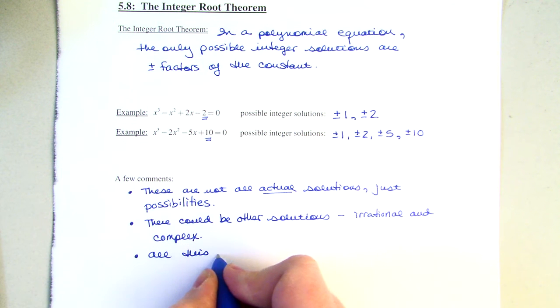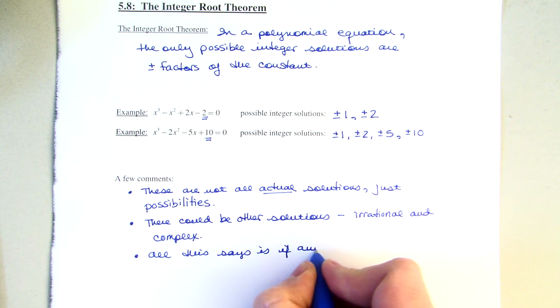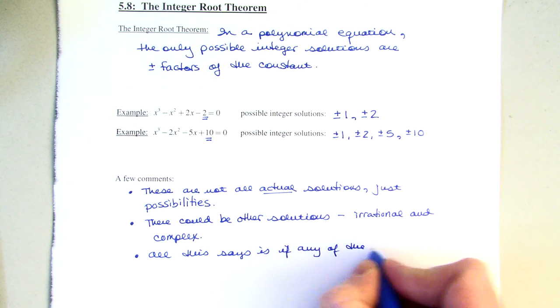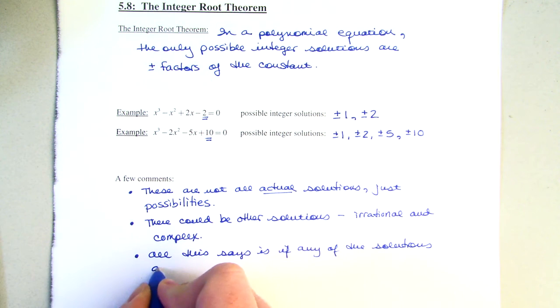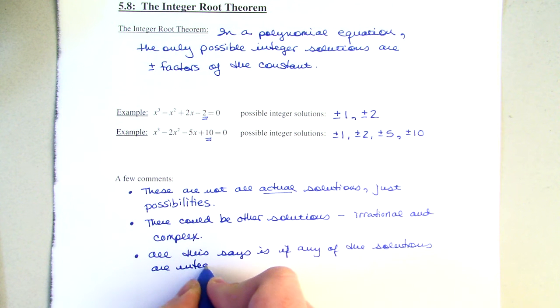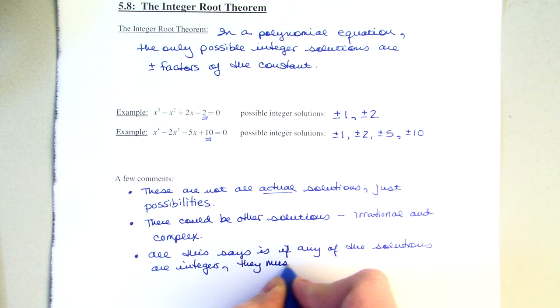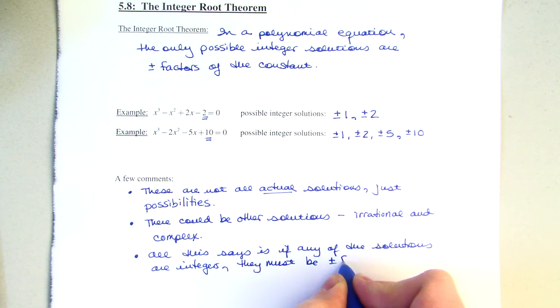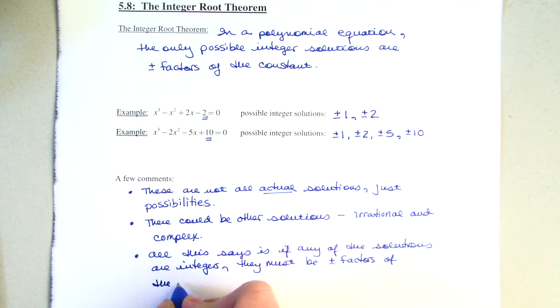All this says is if any of the solutions are integers, they must be positive or negative factors of the constant. Please take a moment and make sure all of this is in your notes.